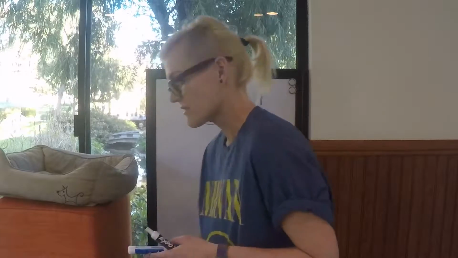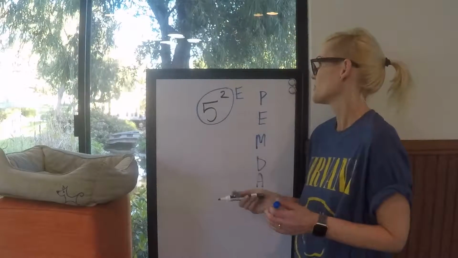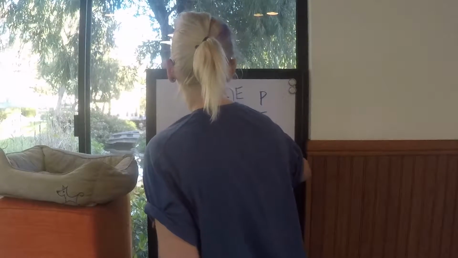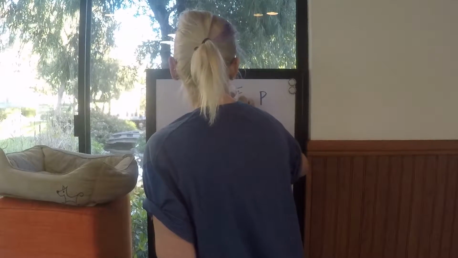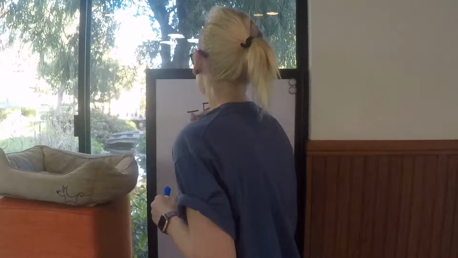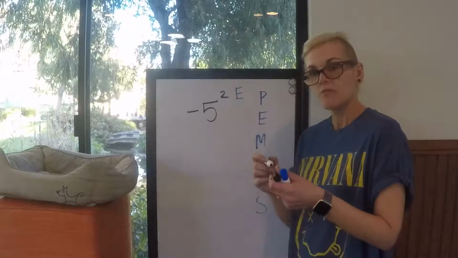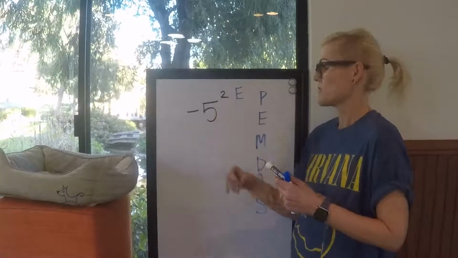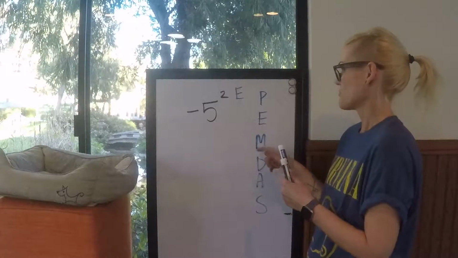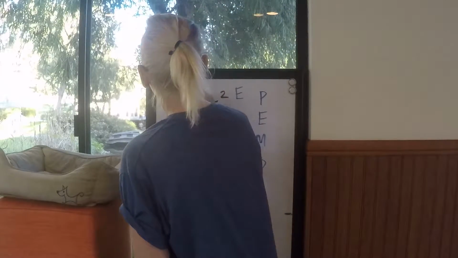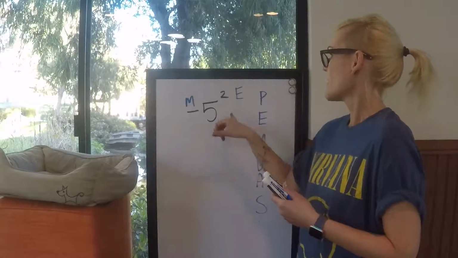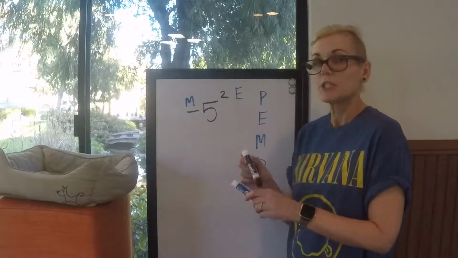And I'm going to tack on something in front of the problem we just did. So let me erase this blue mark, and I'm going to change the problem just slightly. Now I'm going to stick on this negative sign. Okay, so if you see a negative in front of your exponent, this negative falls under the PEMDAS rule under multiply. Okay, so using our rules with PEMDAS, that means I have to do the exponent first.